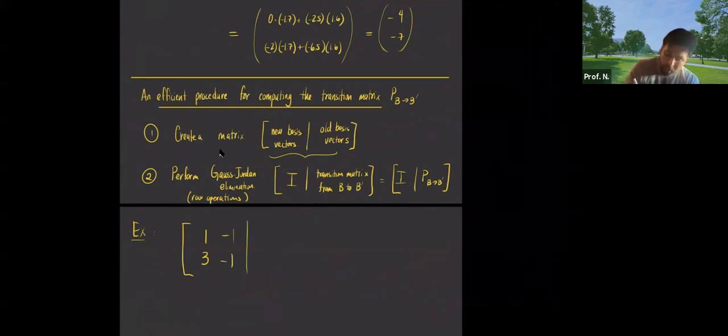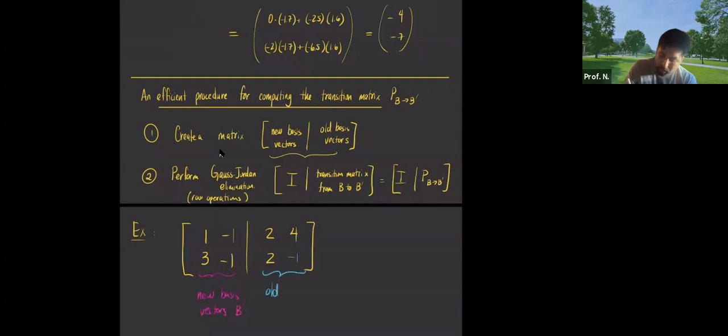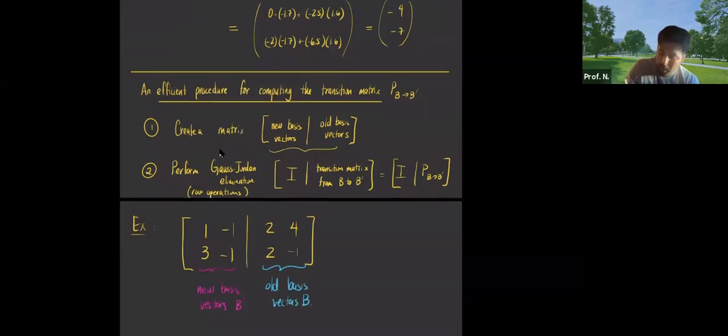So these are the new basis vectors B prime. And then on the right side are the old ones, 2, 2, 4, negative 1. And so these are the old basis vectors B.